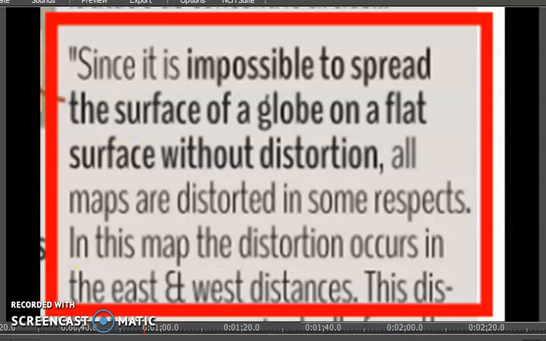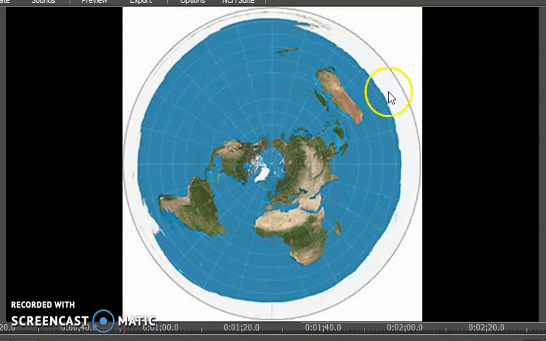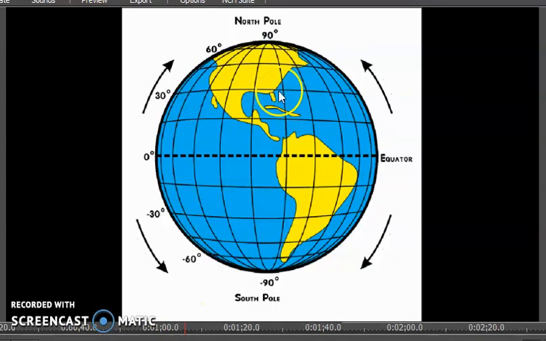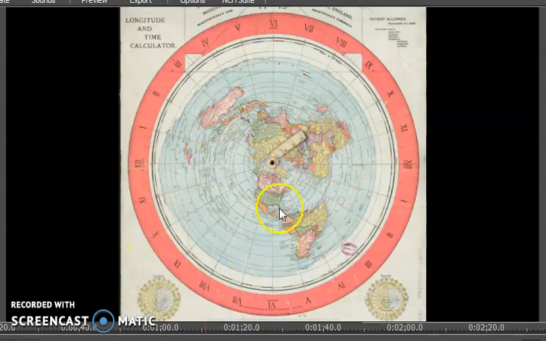Here's what actually happened. They took a flat Earth, they projected that onto a globe, they then drew lines of longitude and latitude, and then they took that and projected that back onto a flat Earth.